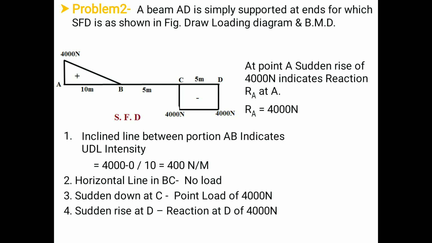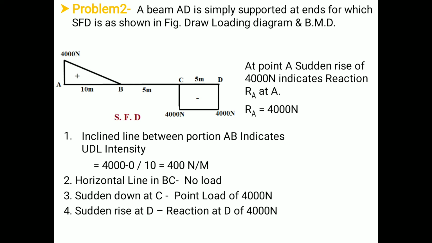We have an inclined line from A to B. So over the span of A to B we have an inclined line. For an inclined line we have UDL in the loading diagram, but we don't know the value of intensity of UDL. That we are going to find out. So intensity of UDL can be found out by the difference between the two shear force values divided by its length.